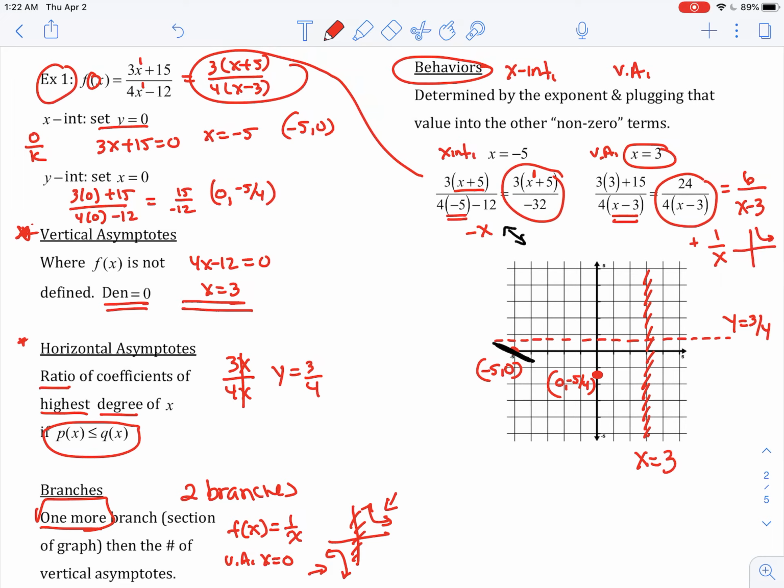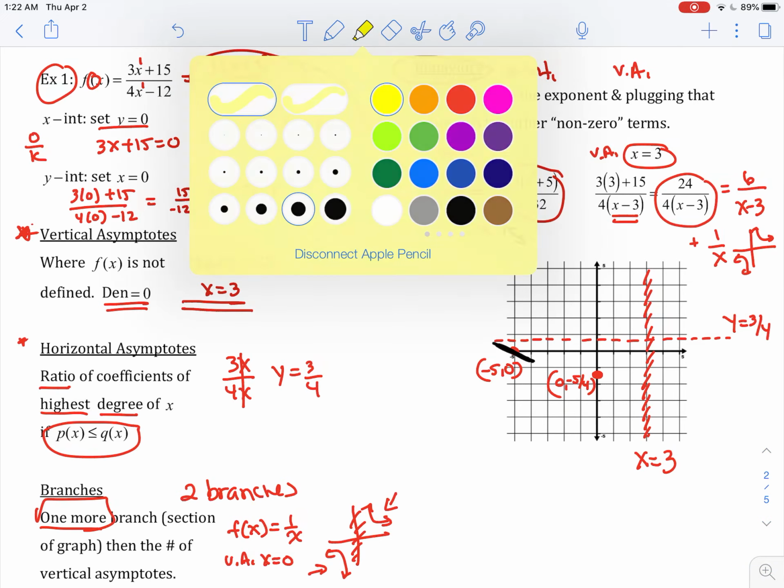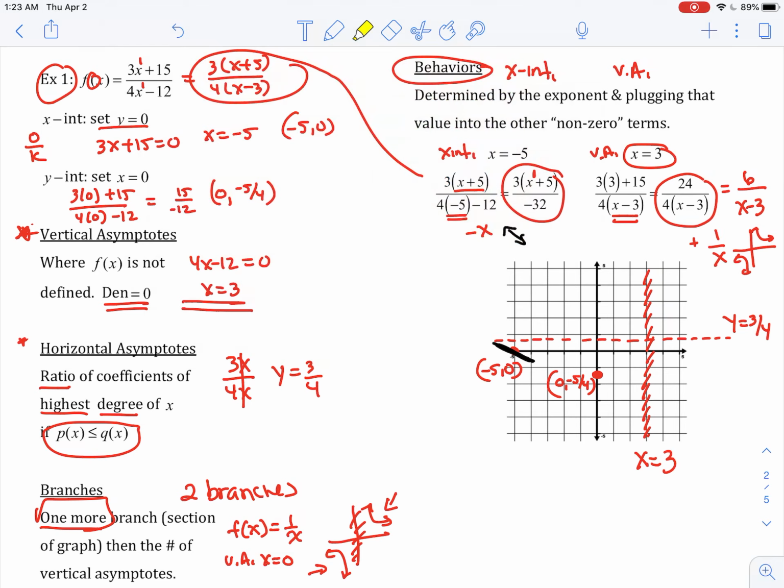And recall, a positive 1 over x graph looks something like that. But we're focusing on the behavior right around the particular root. A positive 1 over x increases on the right side around that vertical line and is coming down along the left side of that vertical line.